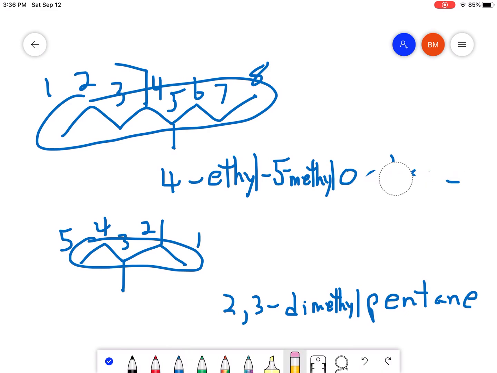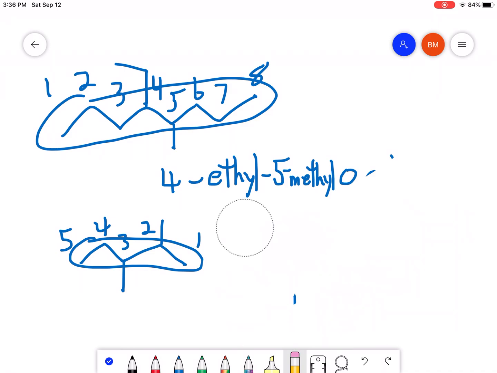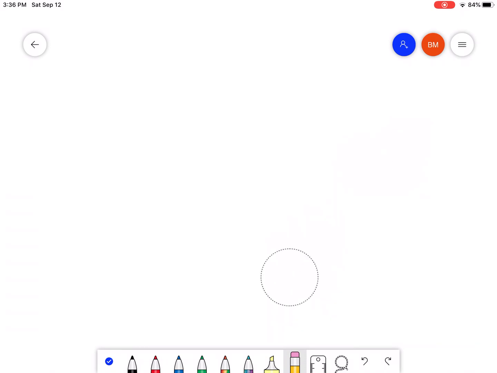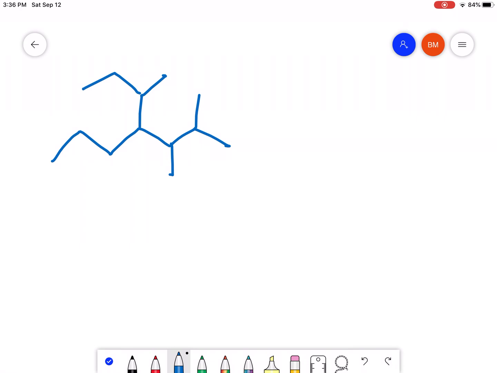Alright, let's try a couple more. Let's work with a bigger structure. Ooh, okay.